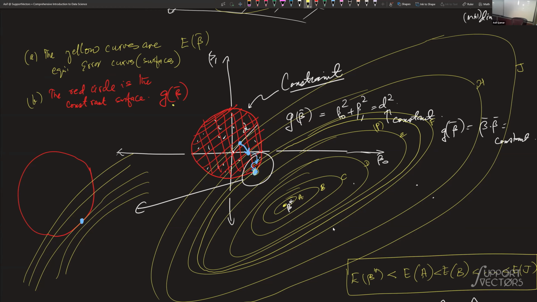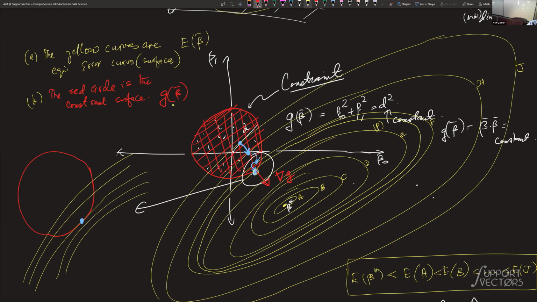Right? Now, what do you say? When these two surfaces just tangentially touch each other, think about it. Where is the gradient of, at this point P, where is the gradient of the red circle pointing? This way. So this is gradient of G, right? And in which direction is the gradient of the error surface pointing?